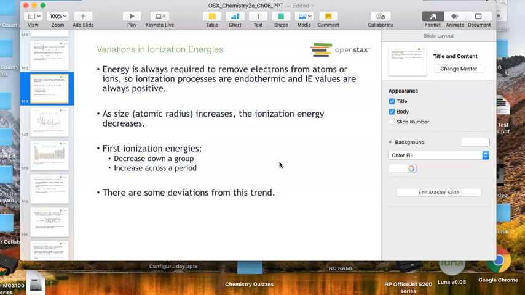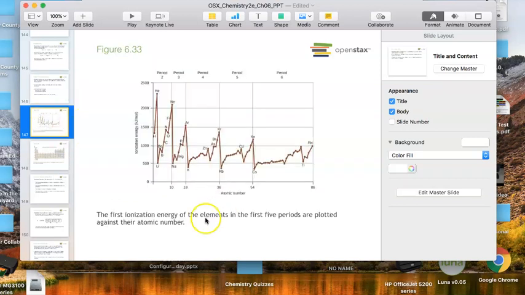Okay, so here we see first ionization energy for elements in the first 5 periods that are plotted against their atomic number. So here we see hydrogen and then helium, and the ionization energy is greater for helium than it is for hydrogen. Would you expect that?